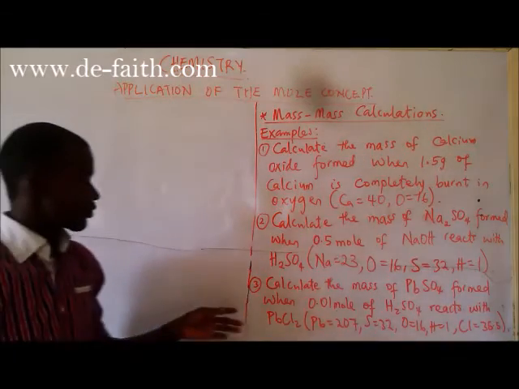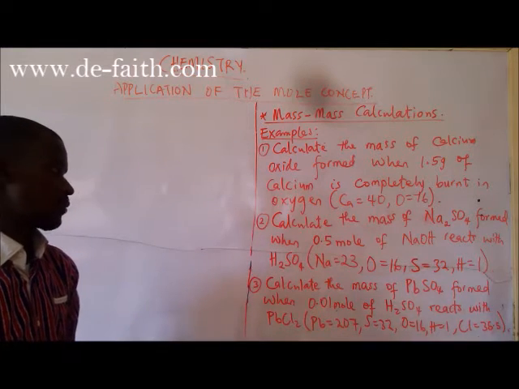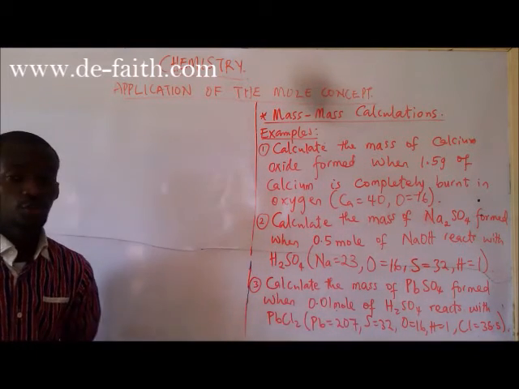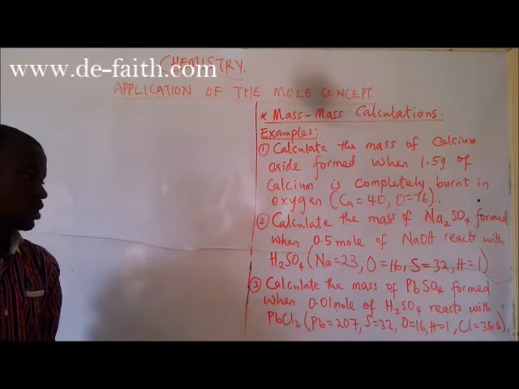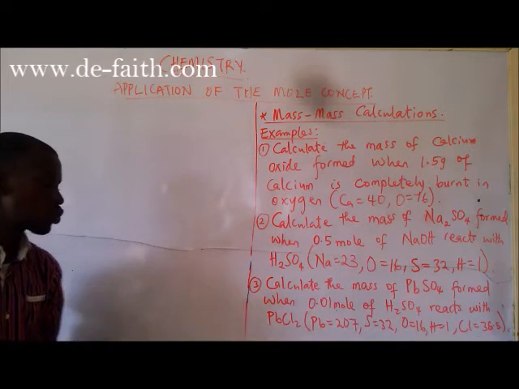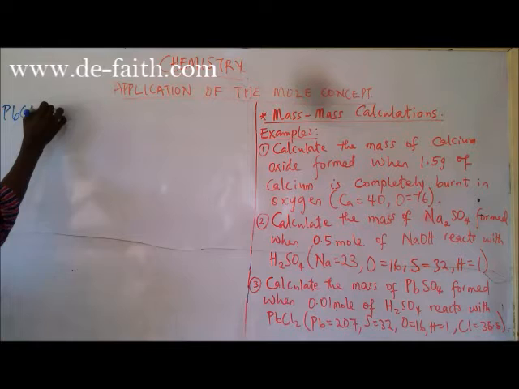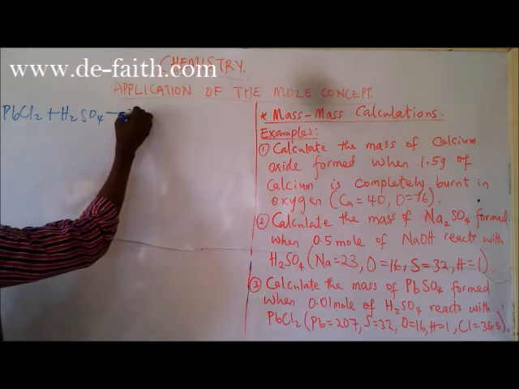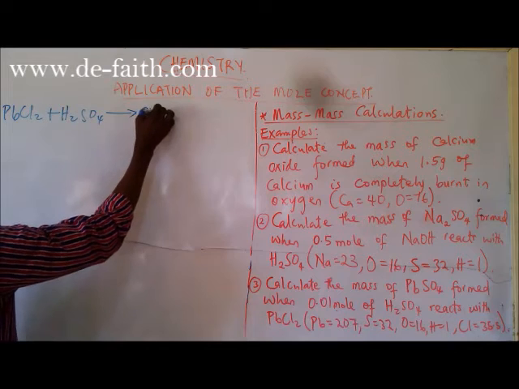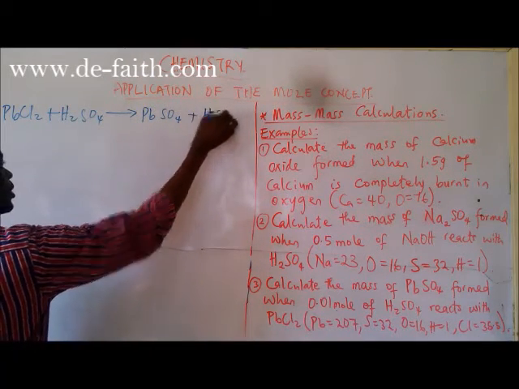Alright, example 3. Calculate the mass of lead 2 tetraoxosulfate 6 formed when 0.01 mole of tetraoxosulfate 6 acid reacts with lead 2 chloride. So first we need to get our equations right. PbCl2 reacting with H2SO4, it will produce PbSO4 plus hydrochloric acid.